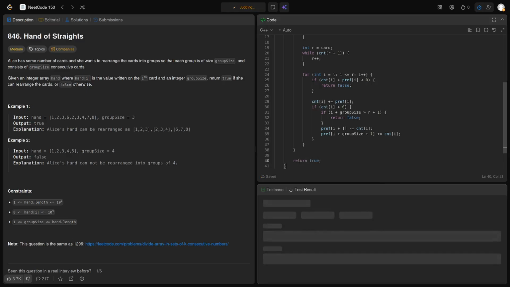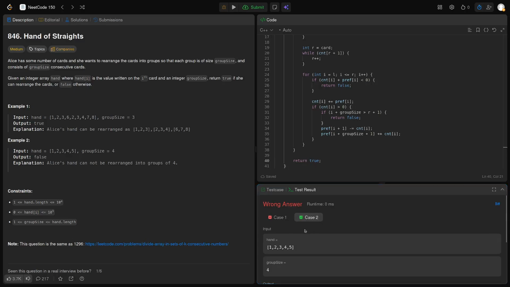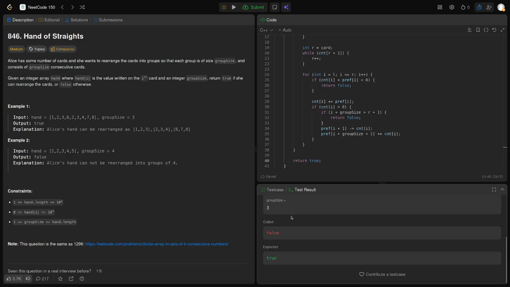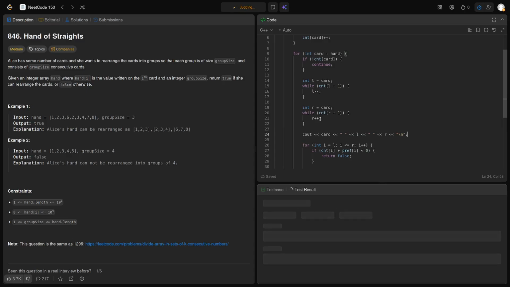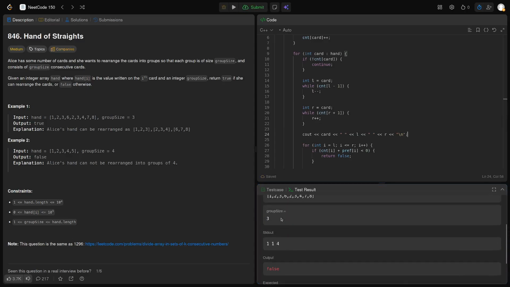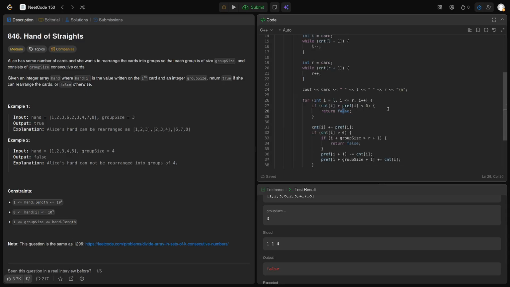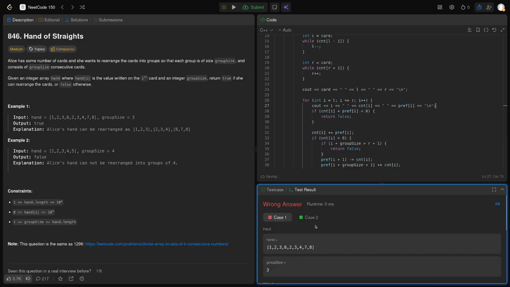Maybe this will work, I don't know. So this somehow worked, this didn't. Okay, so card 1 from L to R, right? And then, let's see this.